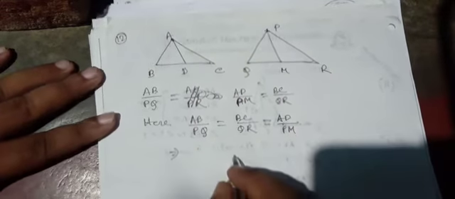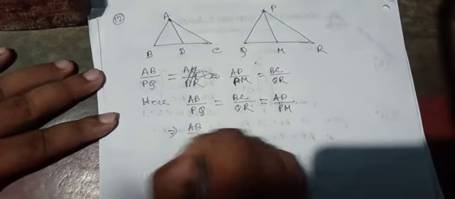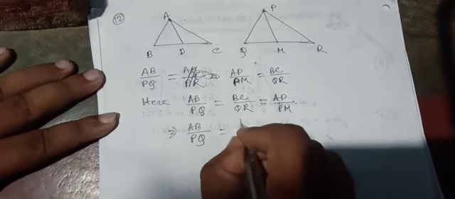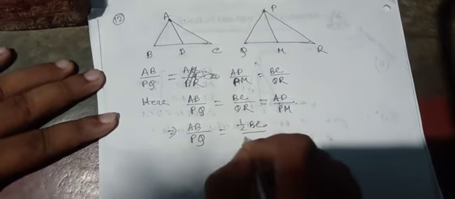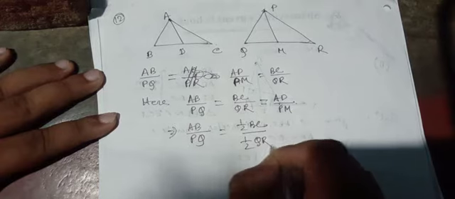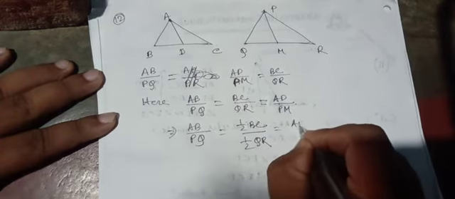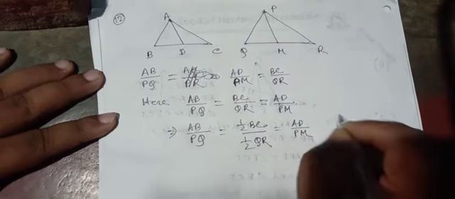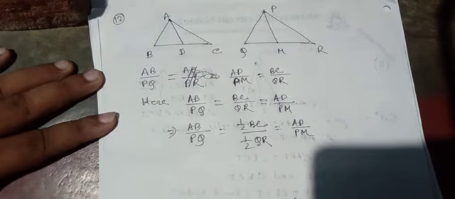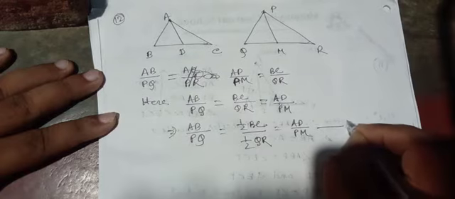So obviously from here, AB by PQ equals half of BC by half of QR, which equals AD by PM. This is my equation number 1.